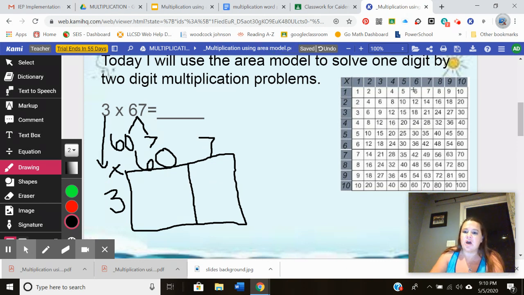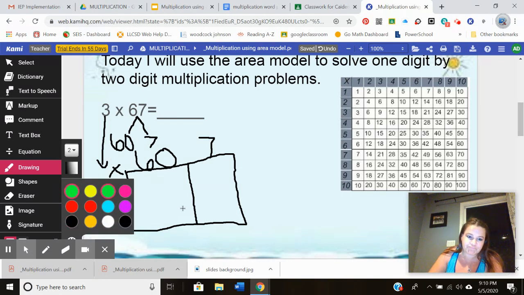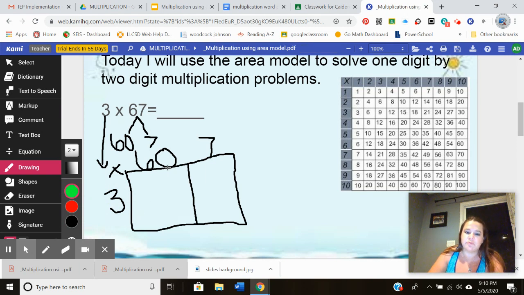Now, I've also taught you that you can use your multiplication chart if you need to figure it out. So feel free to use that if you need be. The first thing I'm going to do is look at this first box. Now, I see the 0, and we have that rule.